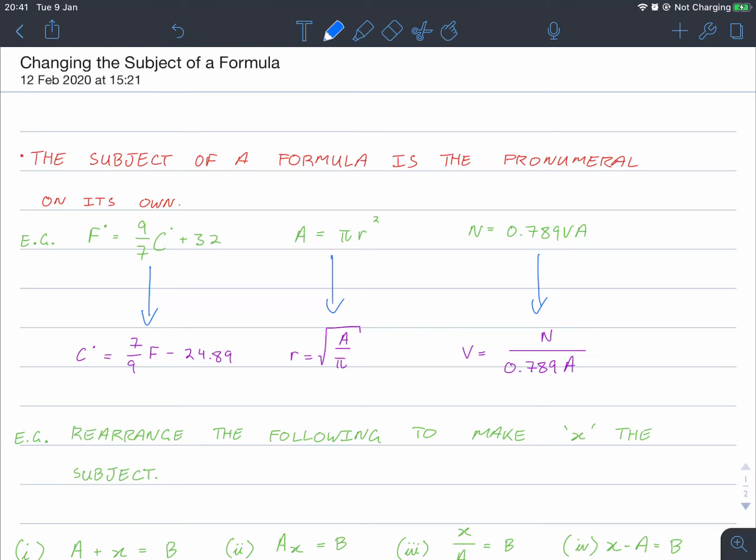Notice how F is once the subject, now it is C, and it has changed its form. Same with this area, it is now R. Lastly, here we have V as a variable and N is the subject, but now we've made V the subject and N is now a variable. I'm going to show you how we do this.